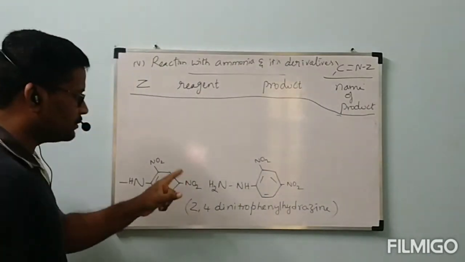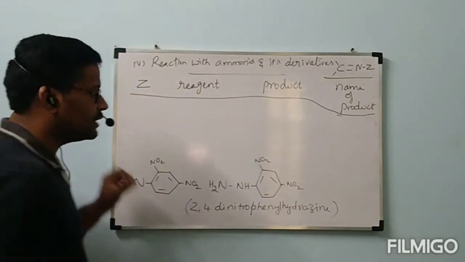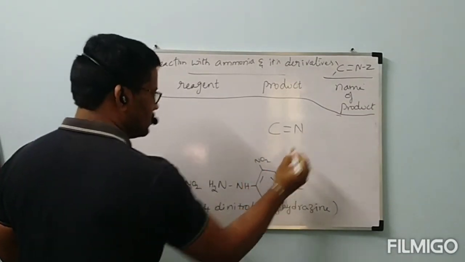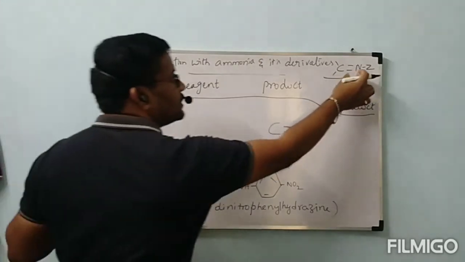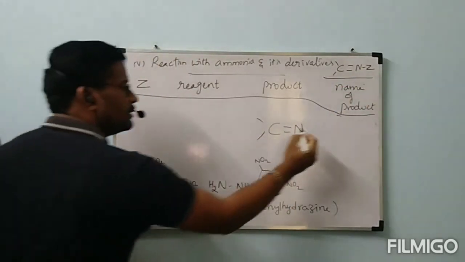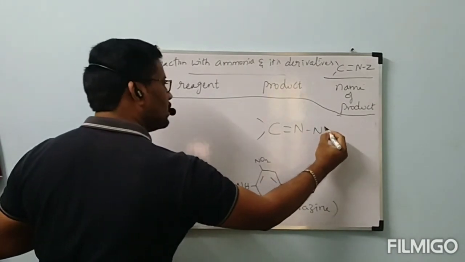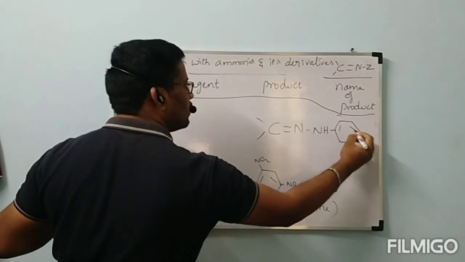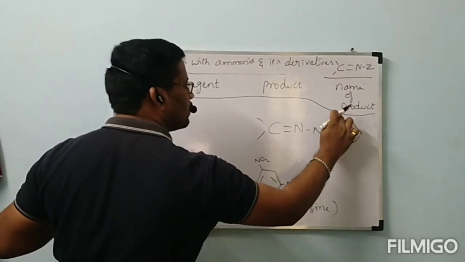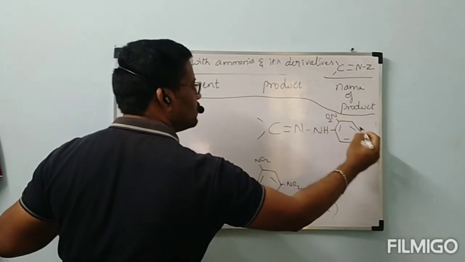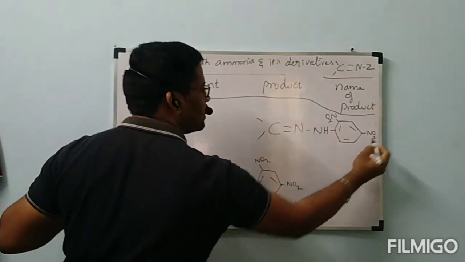When aldehyde or ketone reacts with this substance, then we will get C double bond N, up to this common only, C double bond N. What is the Z group then? This is totally Z. NH, NO2, NO2.